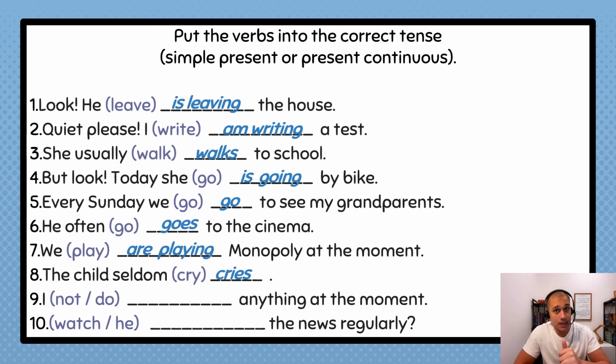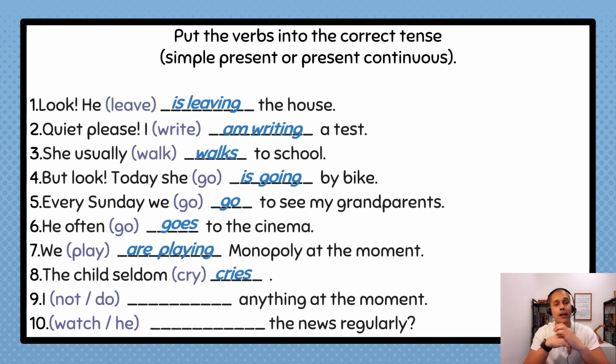Remember that, okay? So what are the 3 rules for the third person in the simple present? First, add S. Second, ES for verbs ending in sh, ch, x, s, and o. O, ch, sh, x, and s.